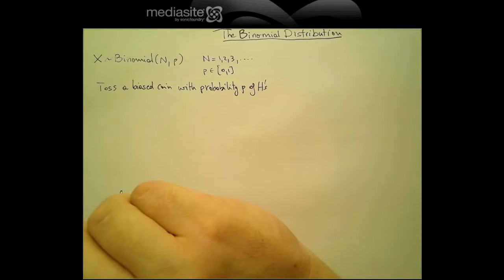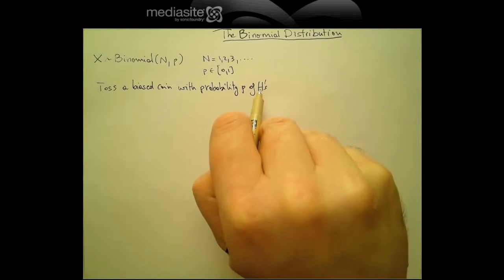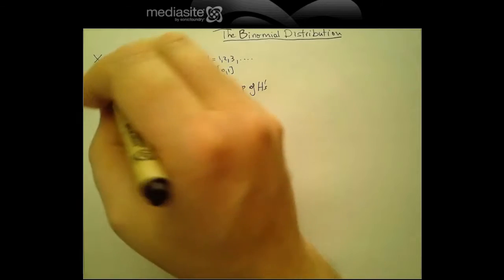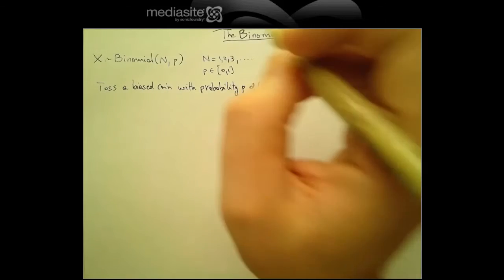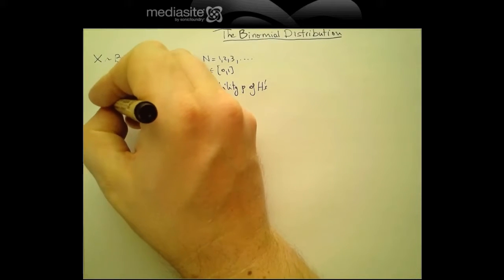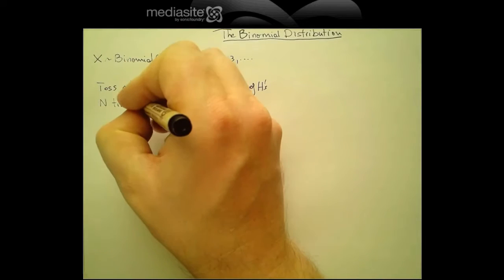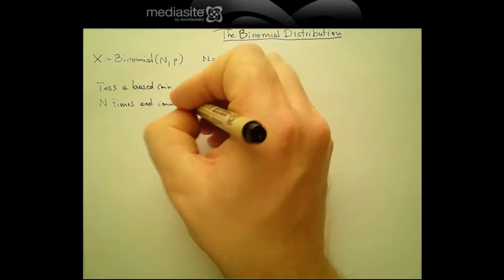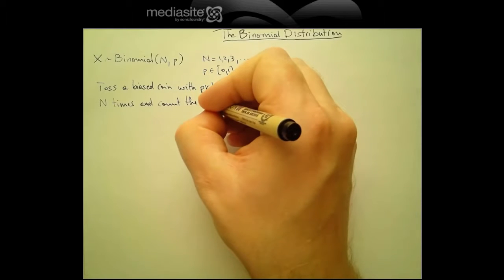And we toss it n times, and then we count the number of successes, where by success we mean heads, right? So toss a biased coin n times and count the number of H's.